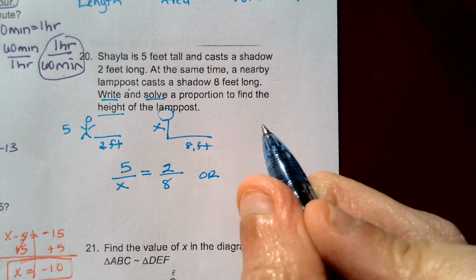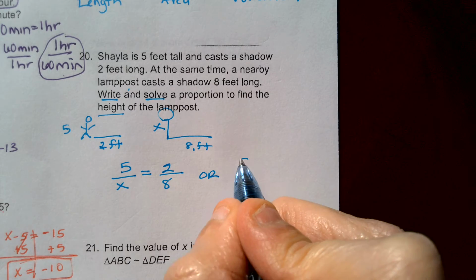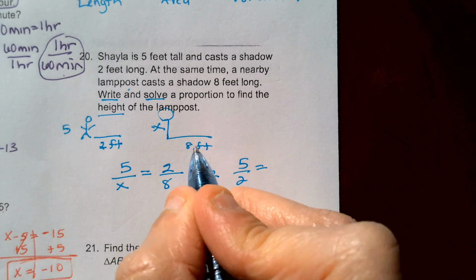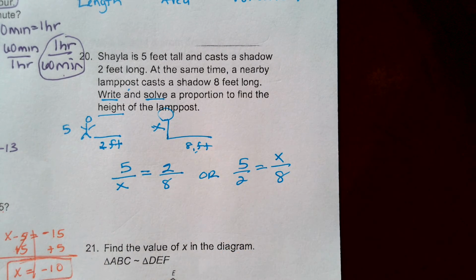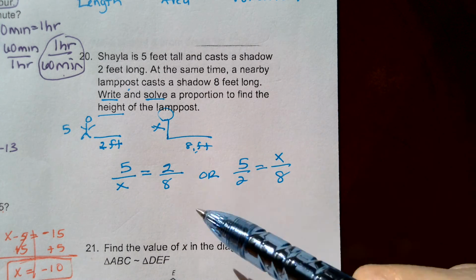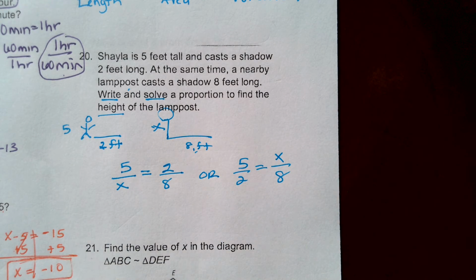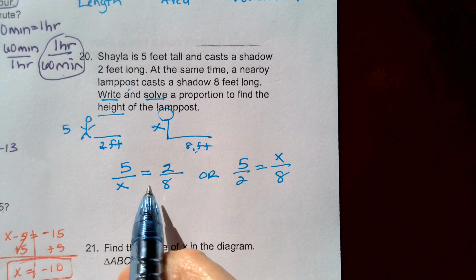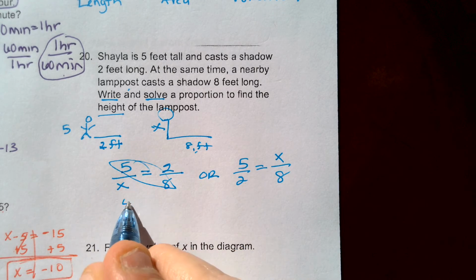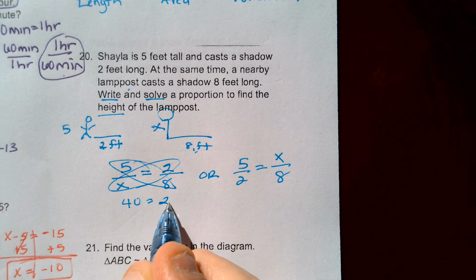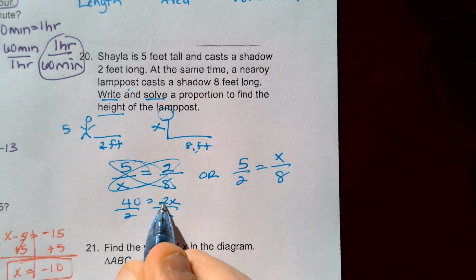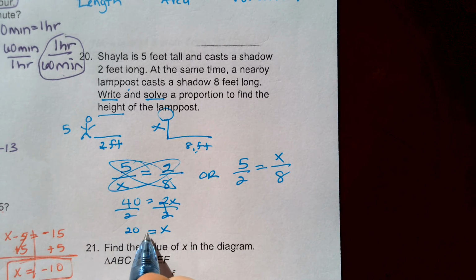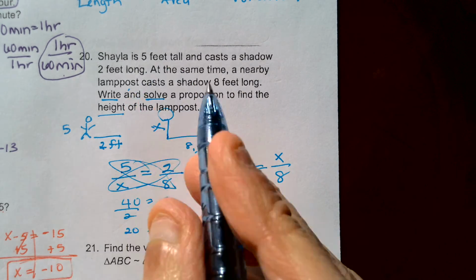Or you could have done 5 over 2 equals x over 8. Or you could have flipped these and flipped these. Both would work. Cross multiply, divide. 40 equals 2x. 20 what? Feet.